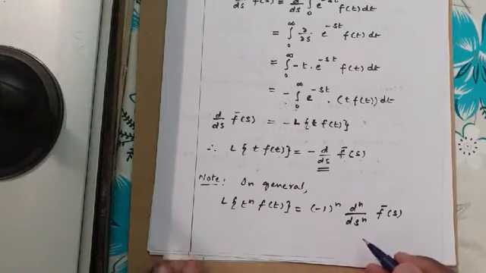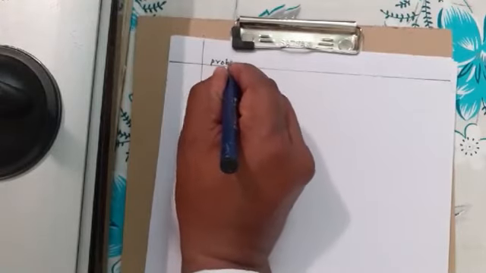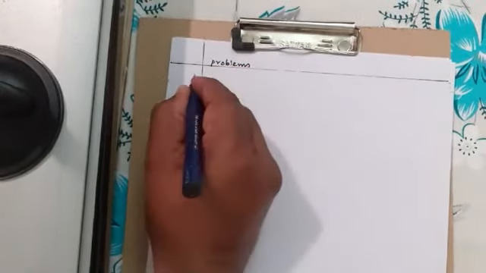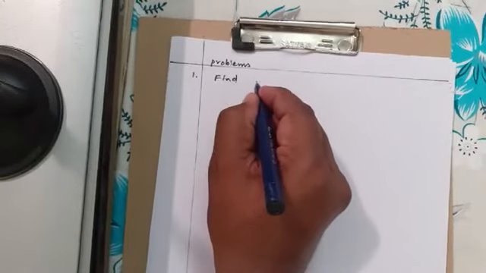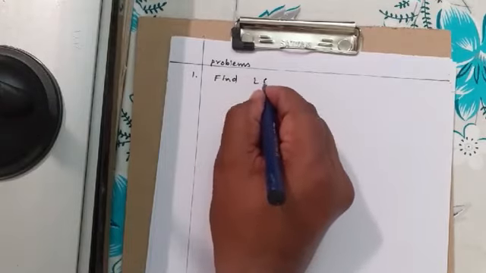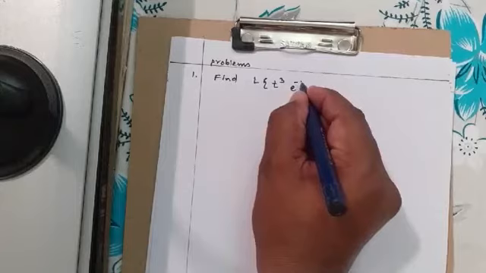So based on this we'll have a problem. Let us have a problem now. The first problem is: find Laplace of t cube e power minus 3t.